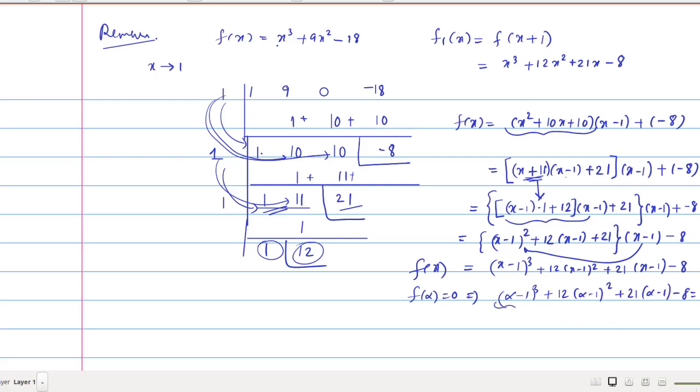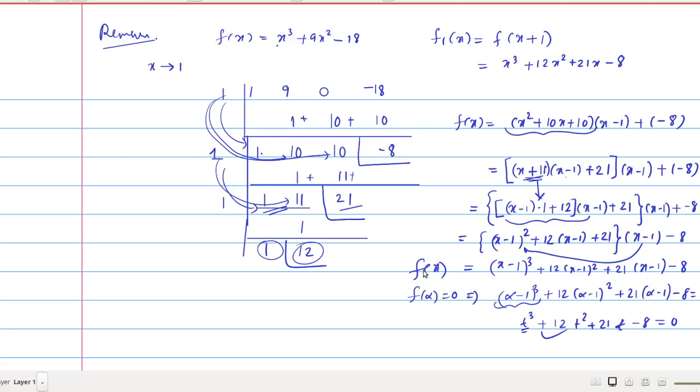So when you replace this quantity by some t, then you can get t cube plus 12 t square plus 21 t minus 8 equals 0. So from this you can say that if we replace this t by alpha minus 1, then that will be 0. So for this equation, t equals alpha minus 1 is a 0 of this equation, or root of this equation. Okay, so that is the idea here.